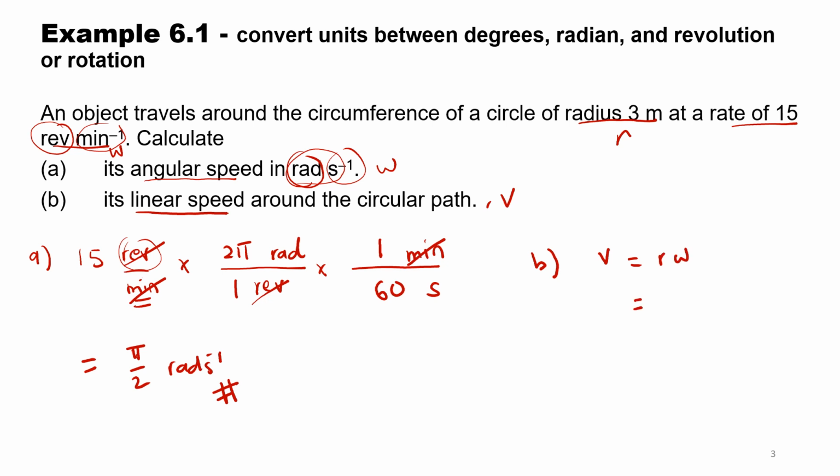So we simply substitute the value of R and omega here. So R is 3 meter and omega is pi over 2 radian per second, and finally we will get the answer V is equal to 4.71 meter per second.